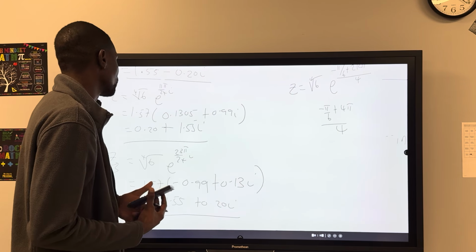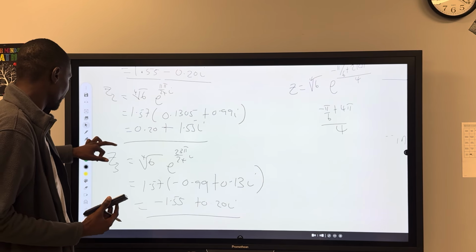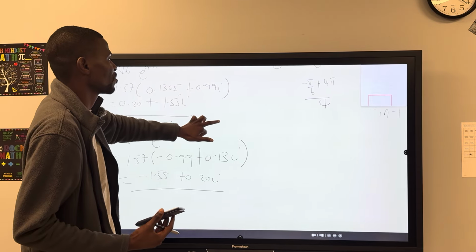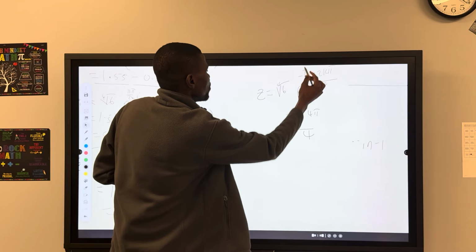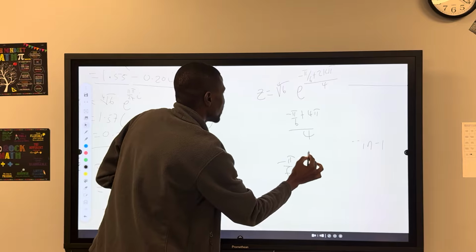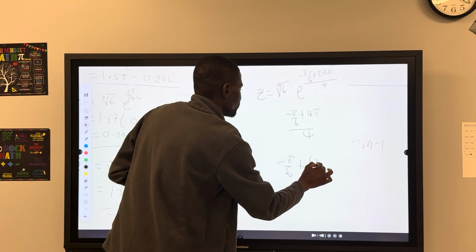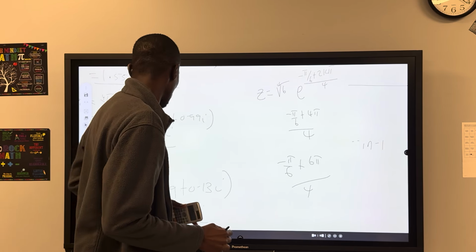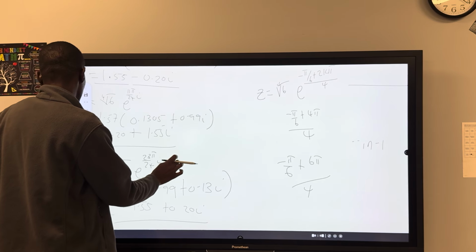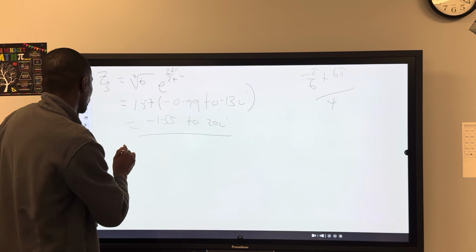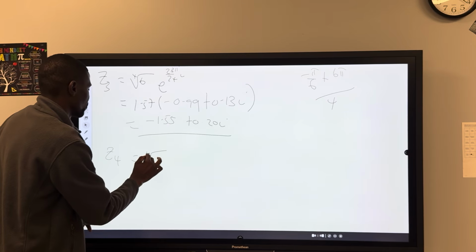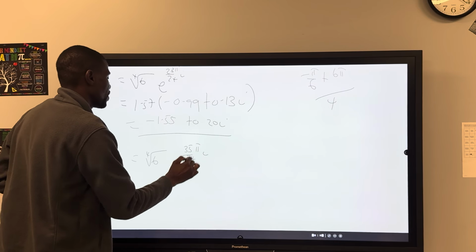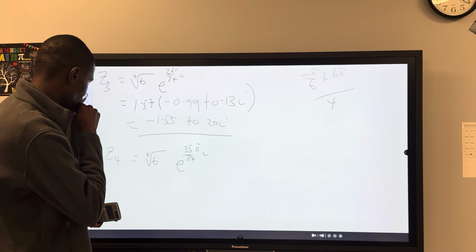And now we move on to finding the last root. To find the last root is when k is equal to 3. So when I put k as 3, it's minus pi over 6 plus 6 pi all over 4. So 36 minus 1, it becomes 35 over 24. So here it will be 4th root of 6 e to the 35 pi over 24i.